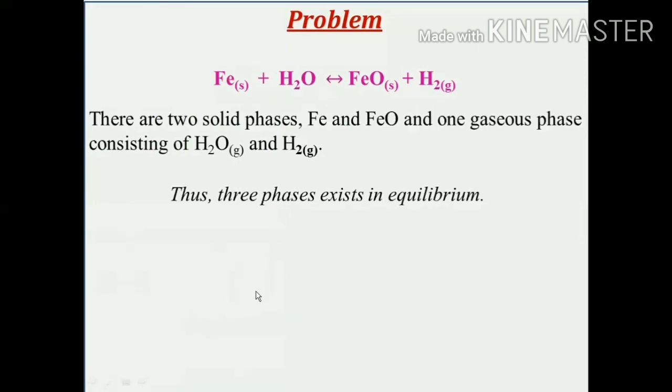So how many phases are there? The gaseous components form one phase. The FeO solid is another phase, and Fe, another solid, forms the third phase. So overall, we have three phases in this system at equilibrium.